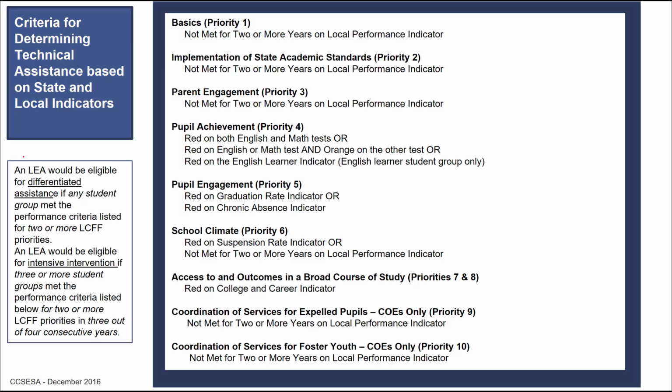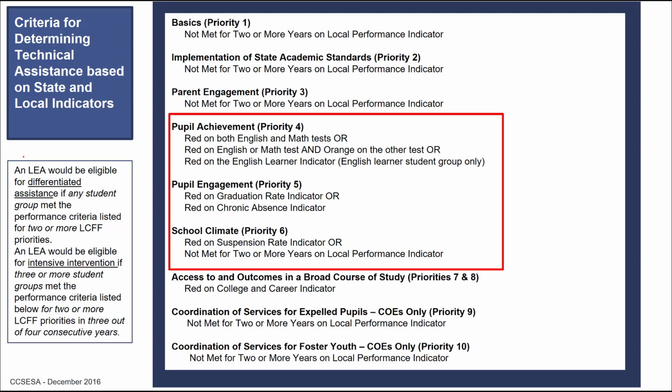So again, looking at those three priorities, priority 4, pupil achievement, priority 5, pupil engagement, and priority 6, school climate. It's all about whether you are a red on the indicators for ELA and math, or if you're red on either ELA and math and orange on the other, so red or orange.